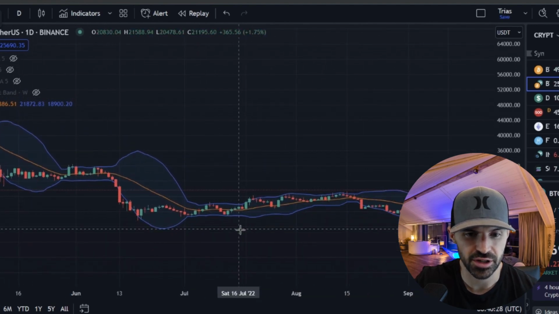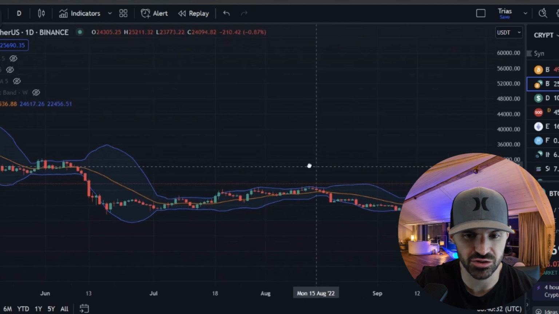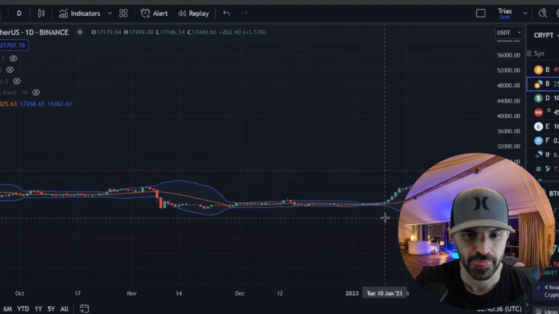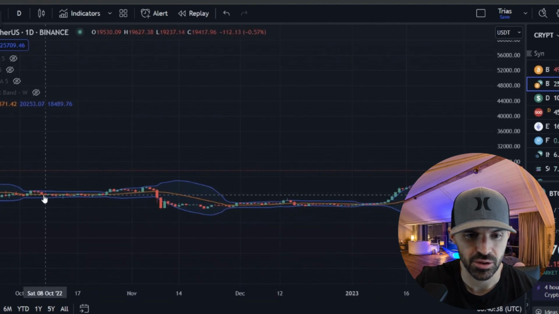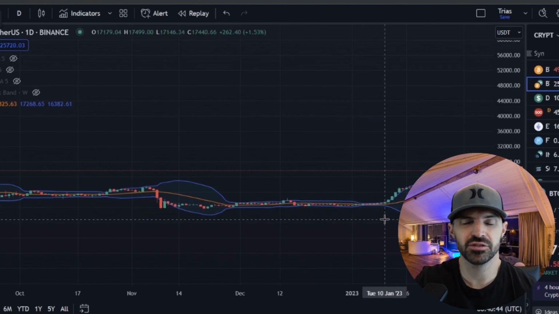you can see here that the price is getting compressed, and the bands are getting so tight together. Look how tight it gets. And eventually, when the bands get really tight, that is always followed by an explosive move in the market.